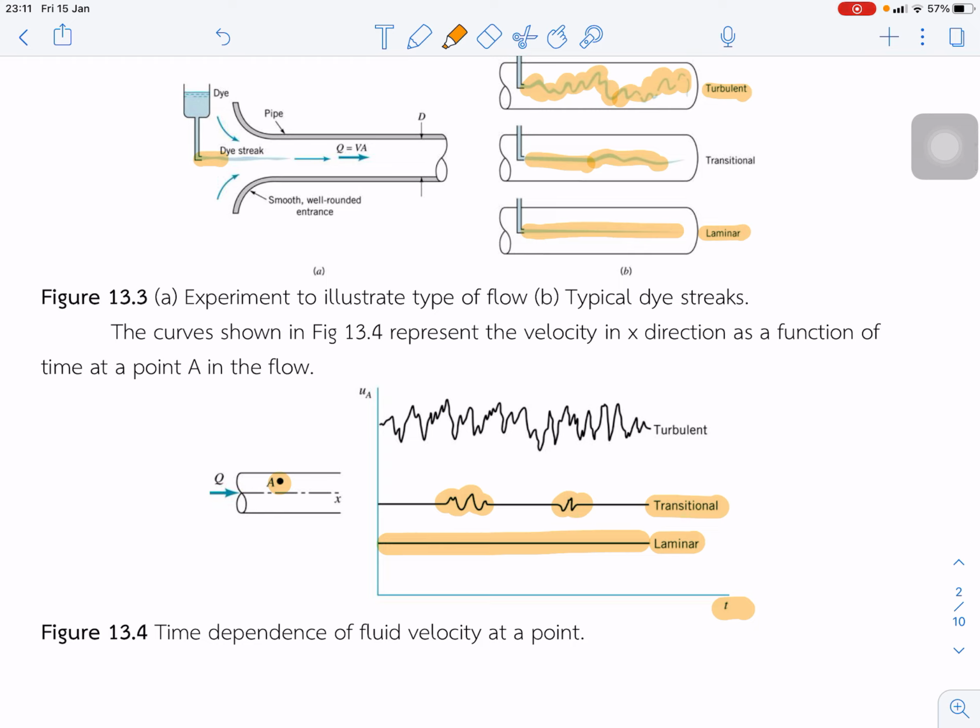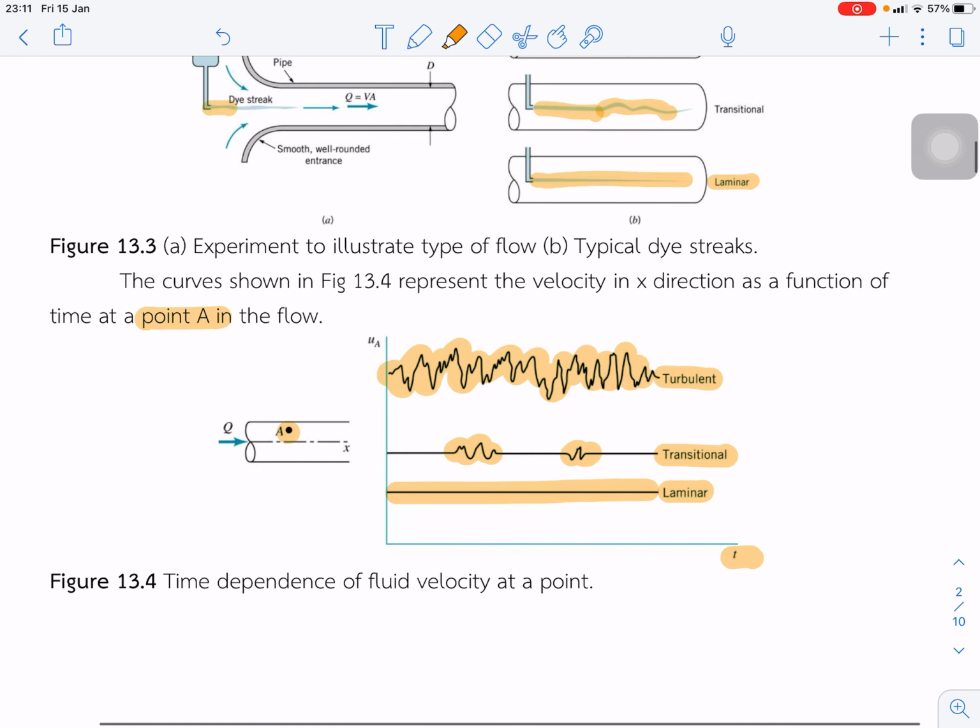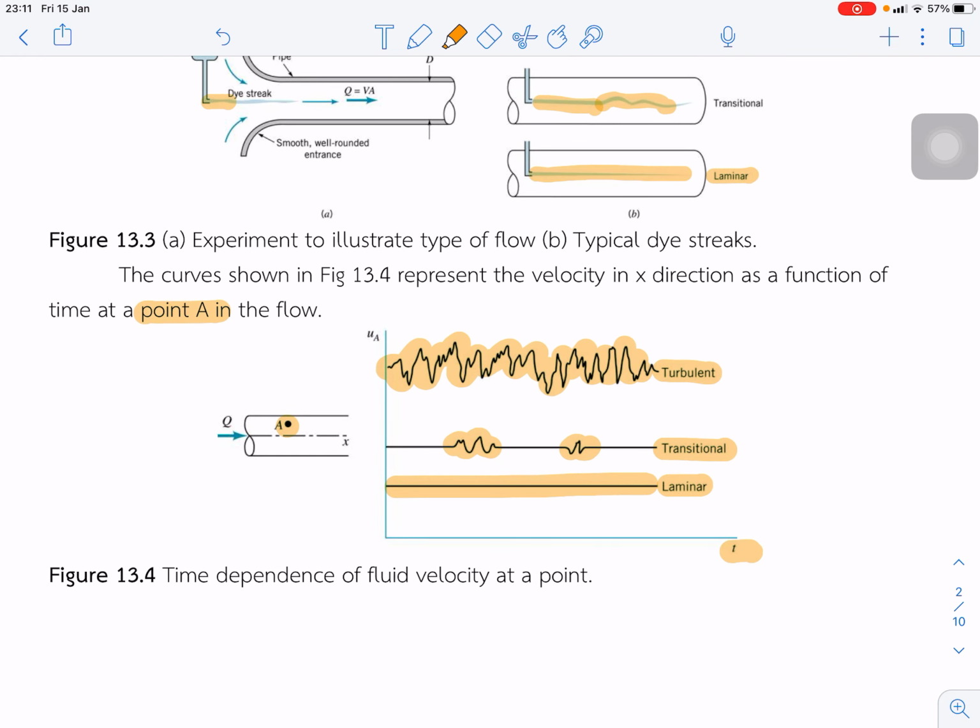But if the velocity has high fluctuation like this, we call it turbulent flow at that point A. This is to help you understand more clearly the characteristics of laminar flow and turbulent flow.